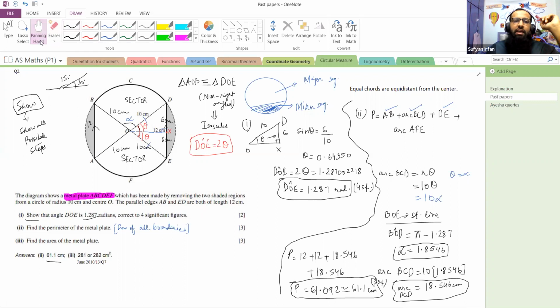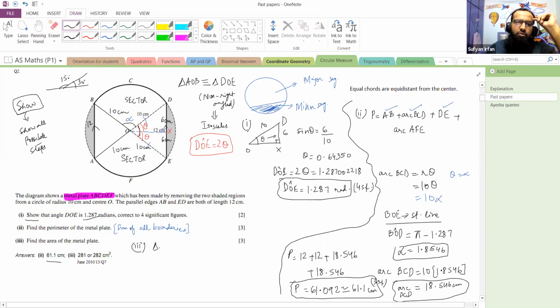And how can we find the area of the two triangles? Although this is a non-right angle triangle, because we have DX as 6 and OX is not given, OX is the height of the triangle. Can we find OX?